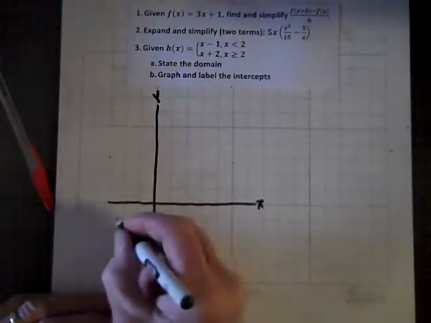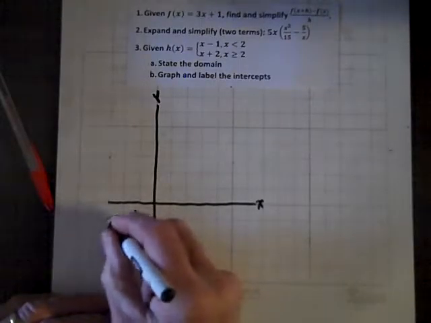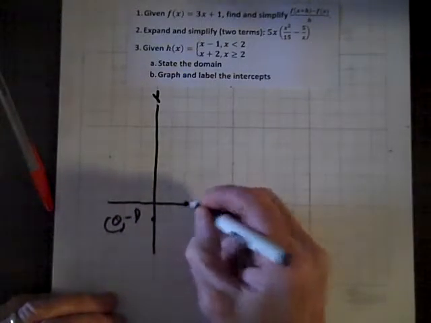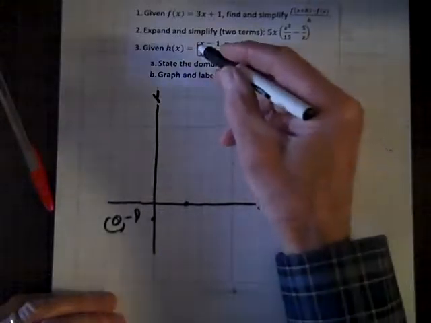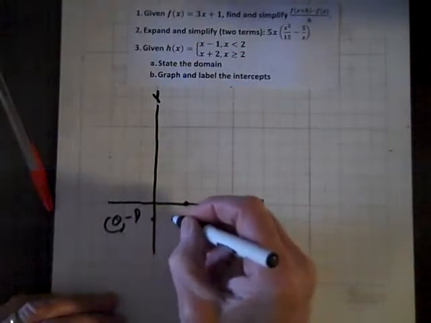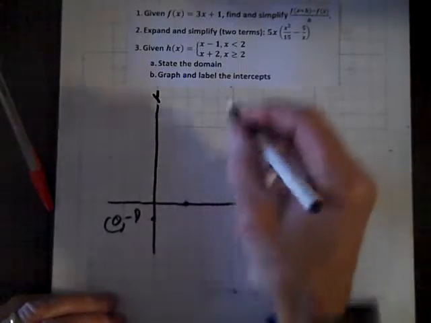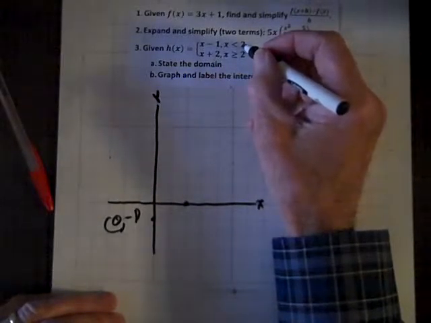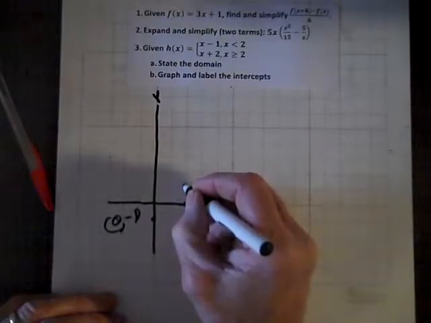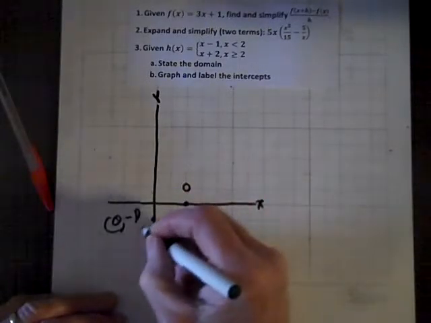So here we are at 0, negative 1, and at 2, let's see, if it has a slope of 1, so if we go over 1, we go up 1. If we go over 2, we go up 2. But we're not defined for x equals 2, so we'll just put an open circle here.